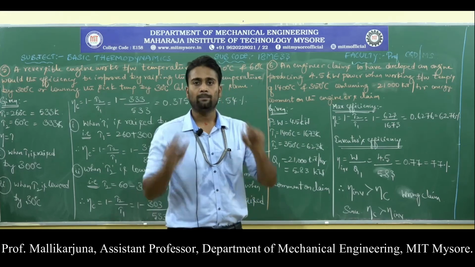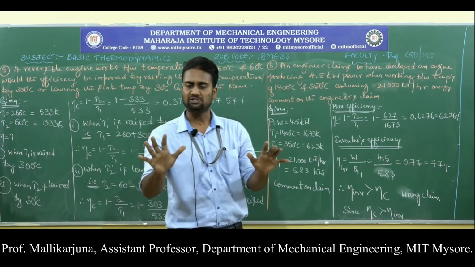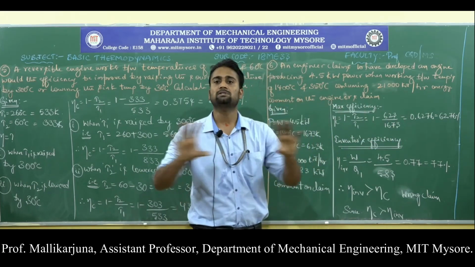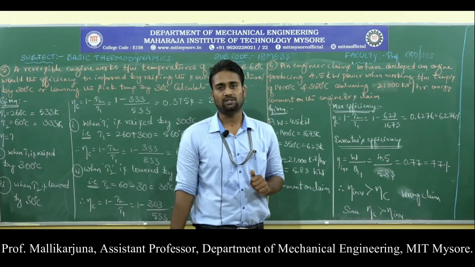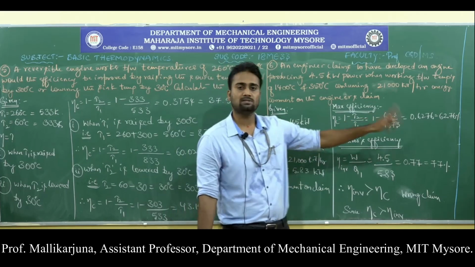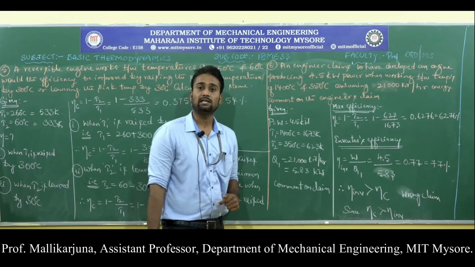In the sense, for that temperature range, the engine will have a maximum efficiency of 62.76 percent. That is the engine's maximum efficiency. Beyond that, the engine will not go, because Carnot efficiency itself is 62.76. Now let us look at the inventor's engine's efficiency.